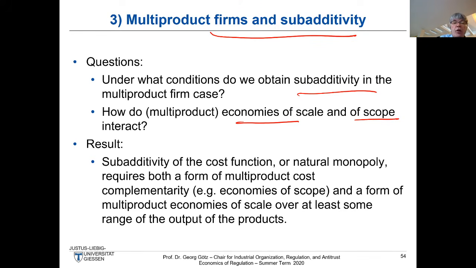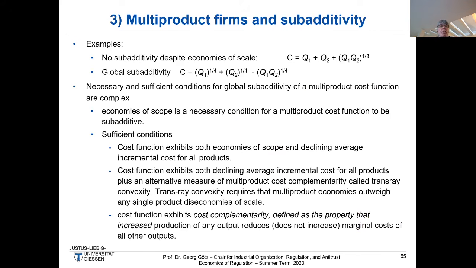So here, some form, you learned about two forms. You learned about the ray average cost, and you learned about the average incremental cost. So we need one of these, or maybe there are some other definitions, and we need economies of scope. Okay, and that's what we are going to discuss here.